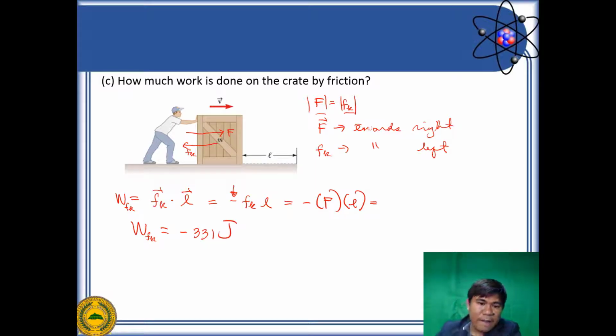This is the negative of the work done by this external force. So this is the answer.